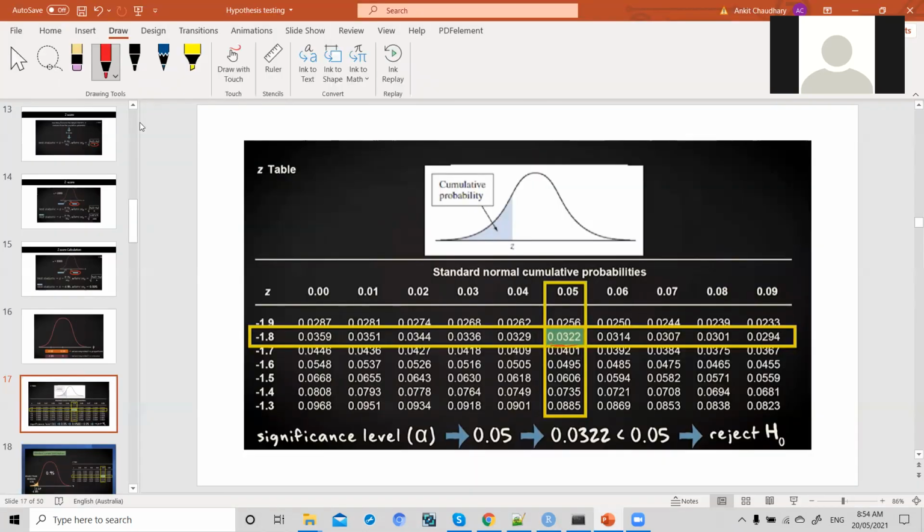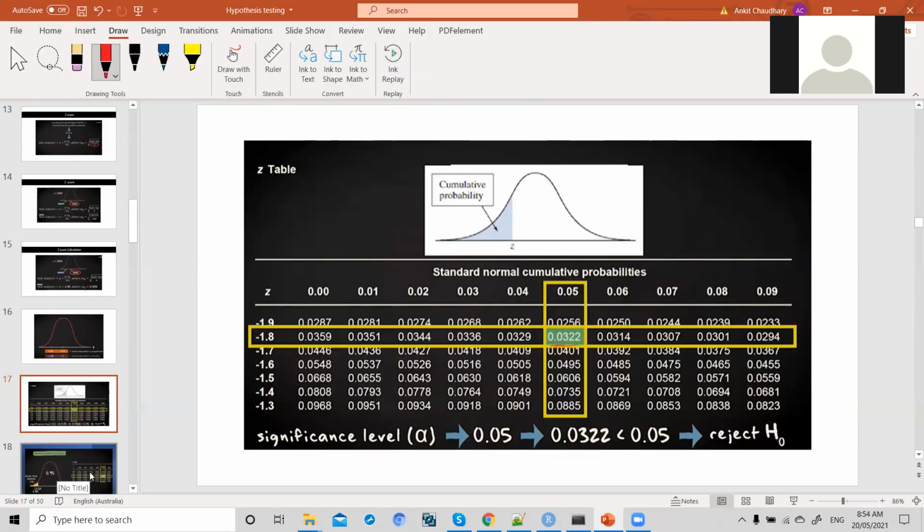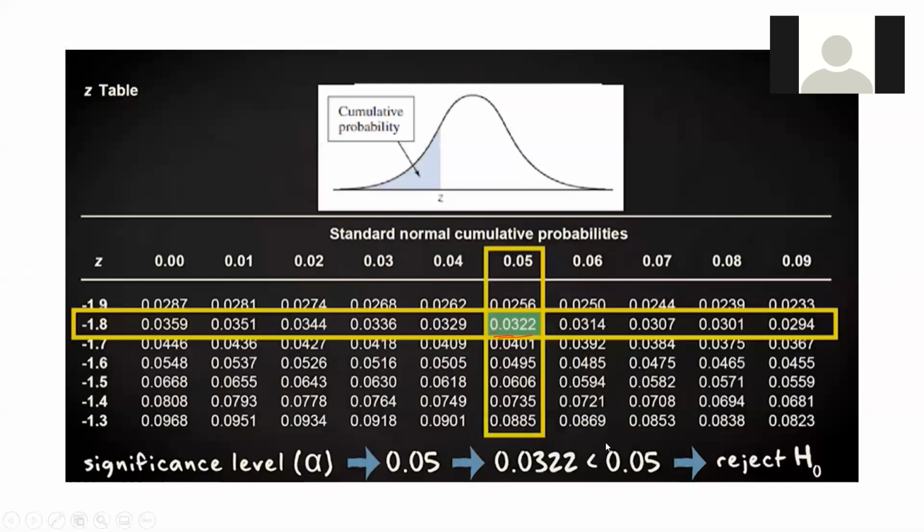So you got your pnorm, and here you can see 0.032, the probability.